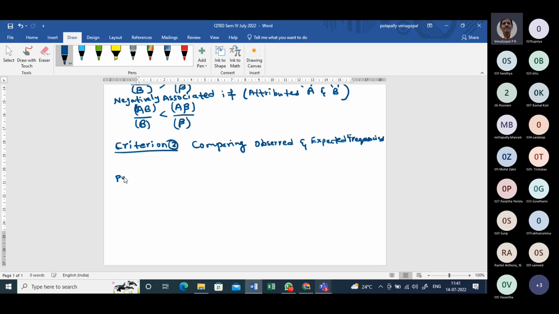So they are positively associated if AB is greater than A into B by N.